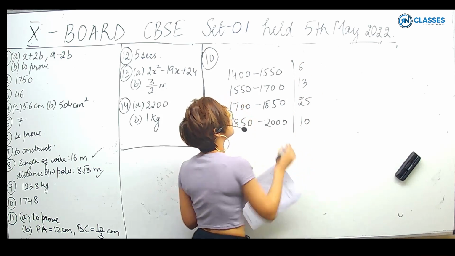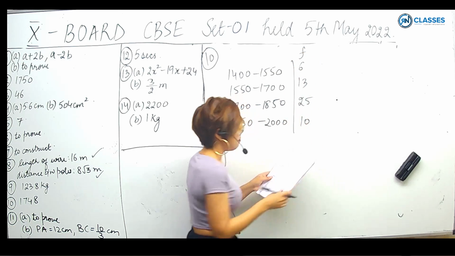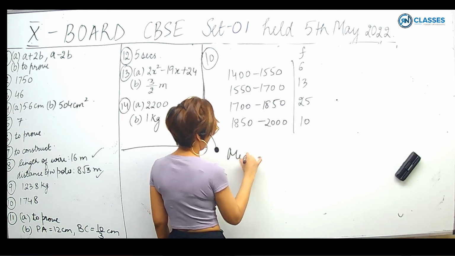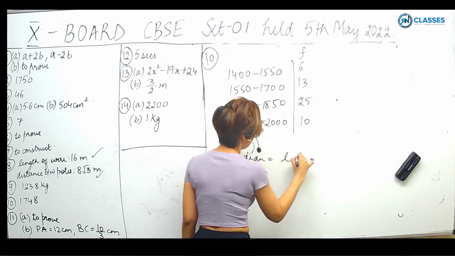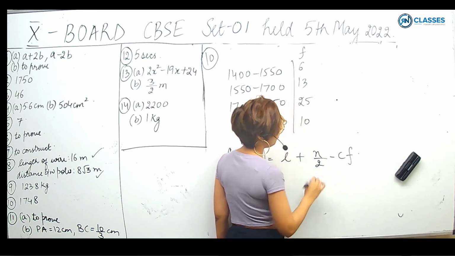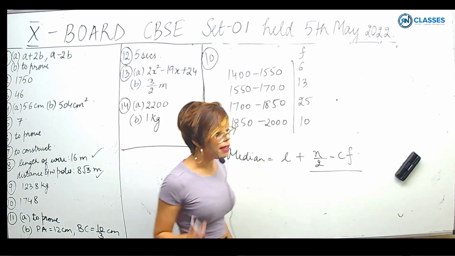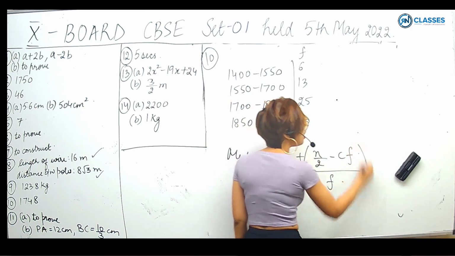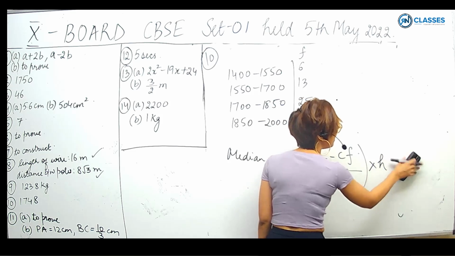Okay, so these are my fi, frequency. Now, the formula for the median is L plus n by 2 minus cumulative frequency of the class preceding the median class, yes, you know that, divided by frequency of the median class, into the class size of the median class.